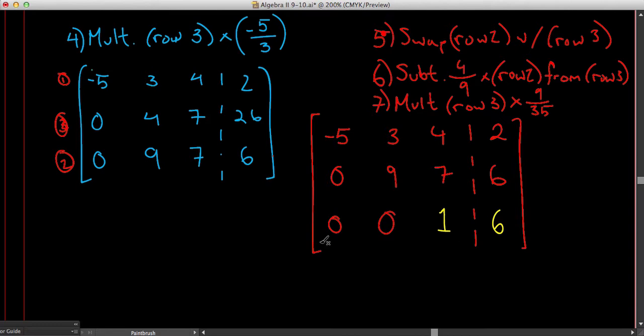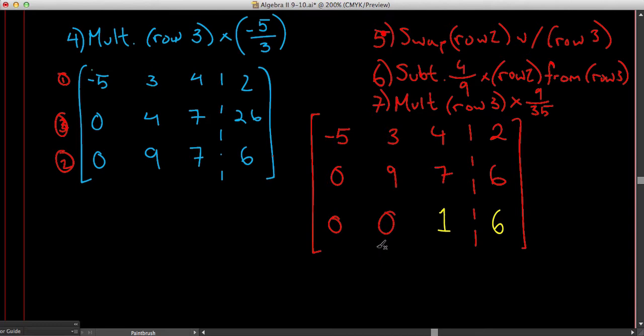Okay, so now we're getting really close, where our third row is actually completed, which is perfect. We have a value for z equals 6. So all we have to do is eliminate some things in this first row and the second row, and we should be okay.